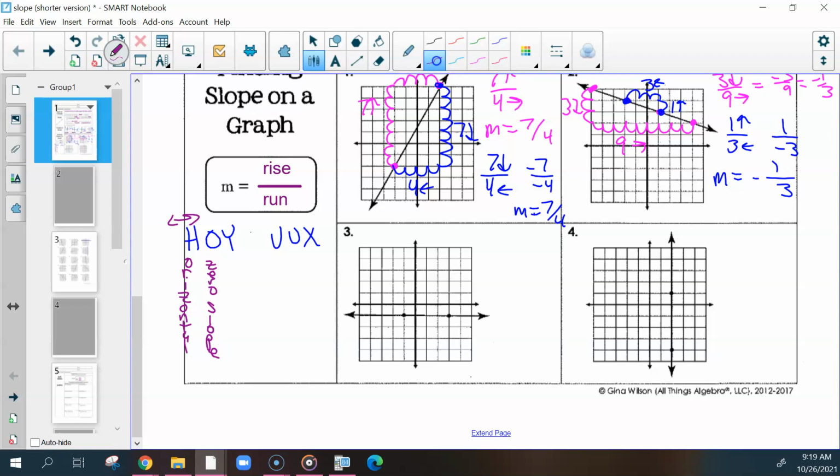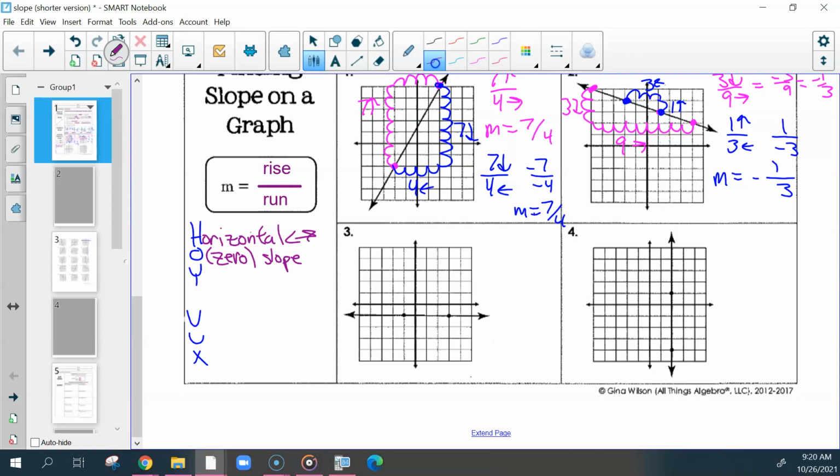Sorry, I'm just going to rewrite it because reading it horizontally is not good. Hoybux. Horizontal lines have 0 slope.